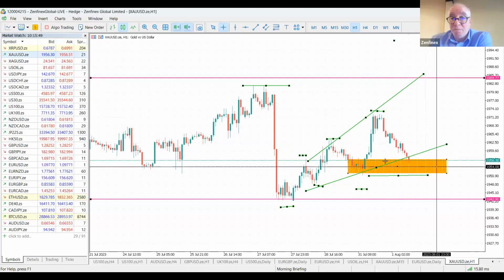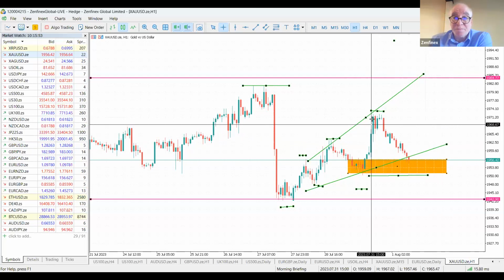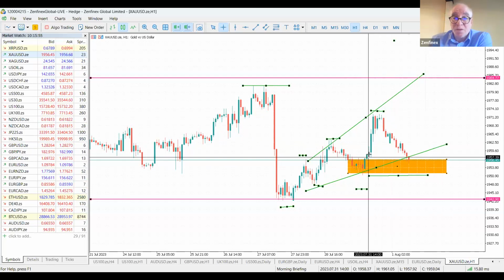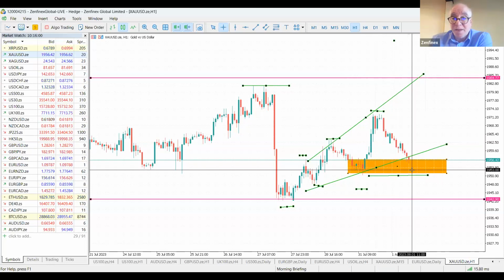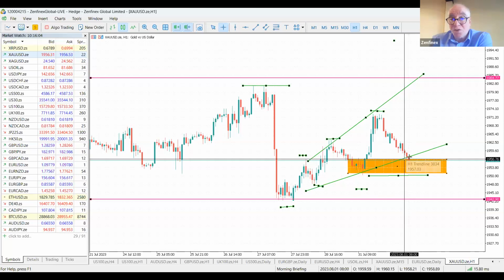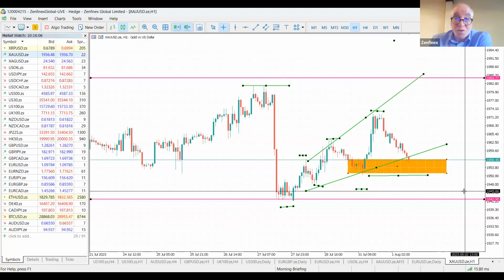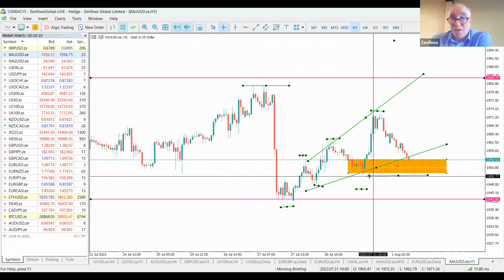The reason why we've marked this out is because this is where the breakout happened quite forcefully, hit a level, came back down, and now it's back to this level here. So I will be watching this to determine whether it's going to continue going down and retest this level here.